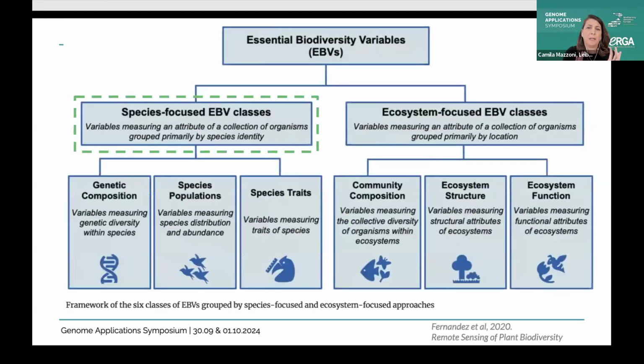The EBVs are then subdivided into 6 different classes. 3 of them are focused on species and 3 of them are focused on ecosystems. We are going to direct our attention here to the species-focused ones, where we have genetic composition, species populations, and species traits.